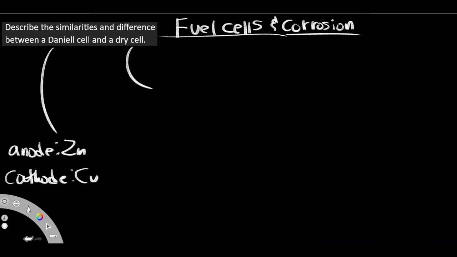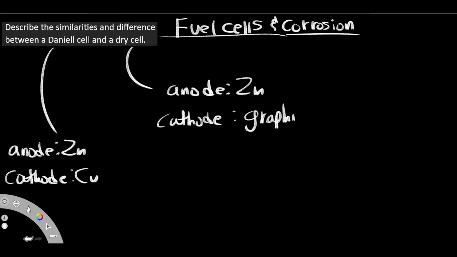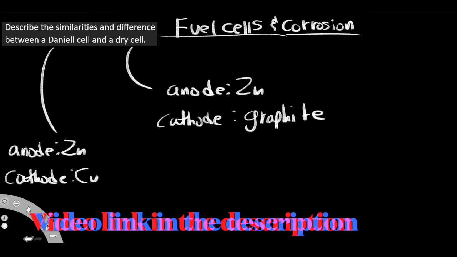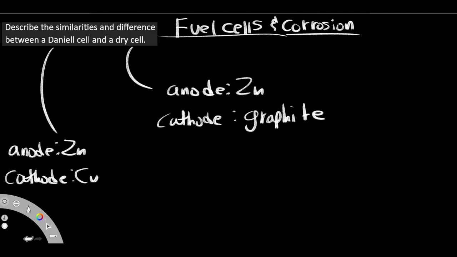Now a dry cell, however, the anode is still zinc, reactive, but the cathode uses graphite, which is just like carbon, allotropes of carbon. If you don't know what allotropes are, see the video link in the description. Also for a Daniell cell, we use aqueous solutions in a salt bridge.